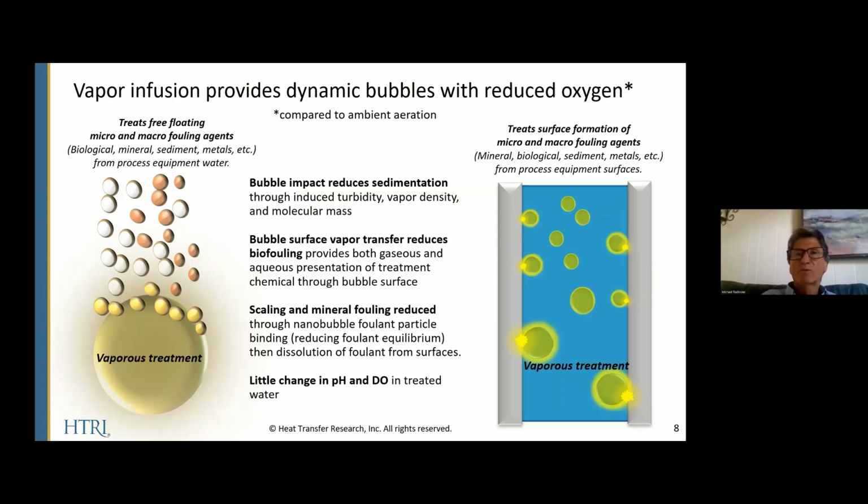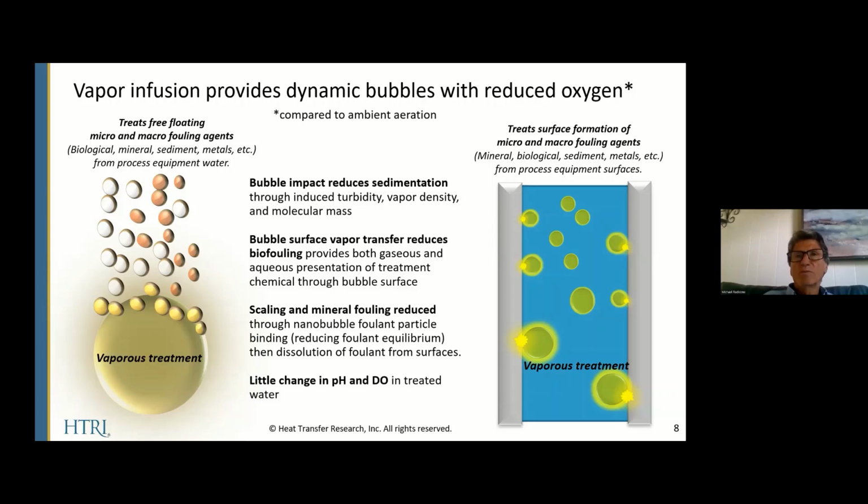Because these bubbles create a very highly electronegative surface, they also have a very high zeta potential. This very high zeta potential is what will cause the inactivation of microbiological species and also cause fouling species from minerals to repel from the bubbles, therefore disrupting potential foul formation.